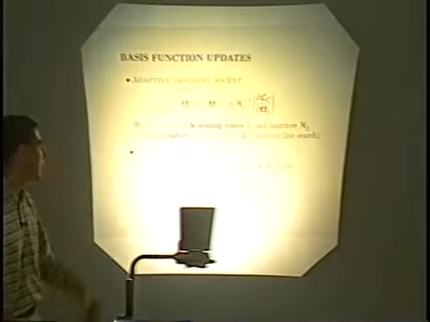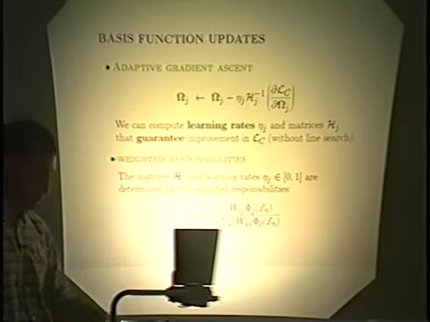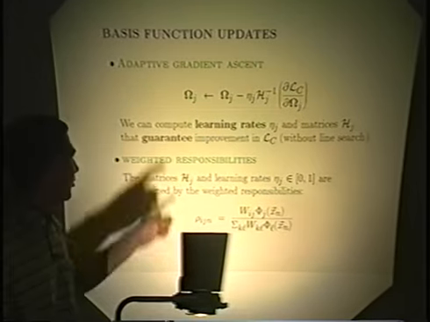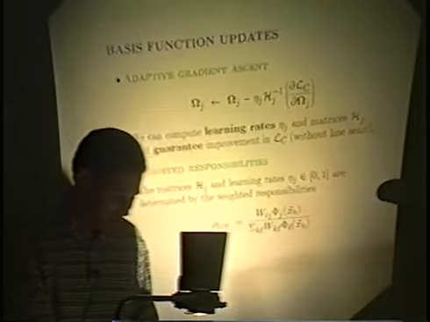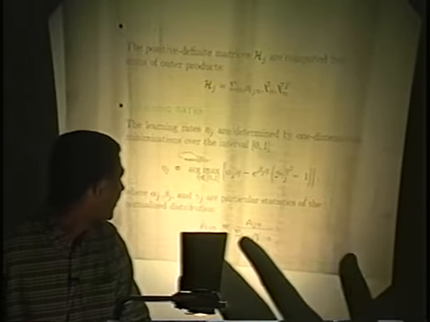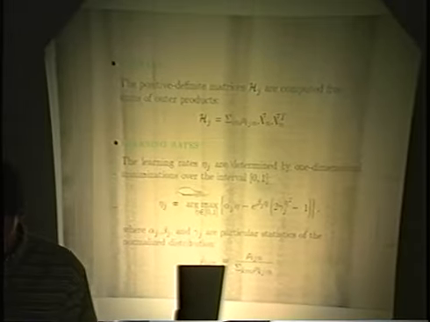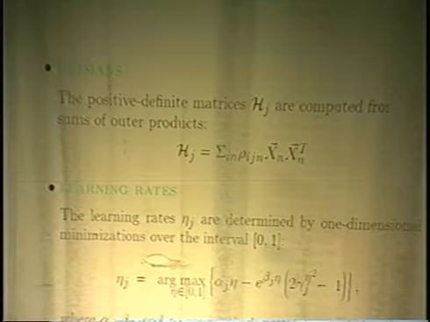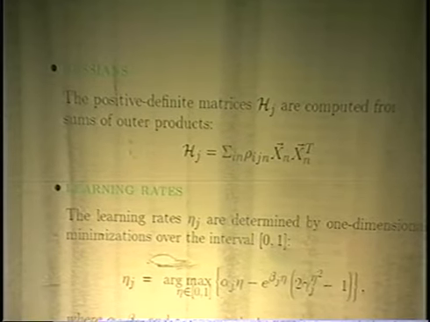Okay. So you compute those responsibilities. Once you've computed those, all these matrices and learning rates are pretty easy to compute. These positive definite matrices actually have an interpretation as Hessians of the auxiliary function that you use to provide a bound on the original objective function.